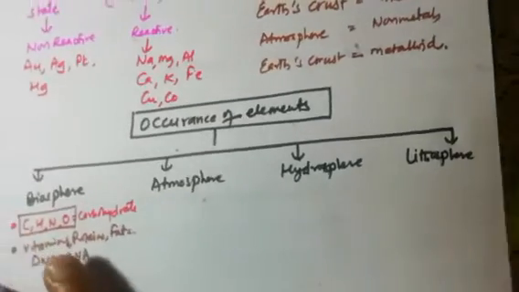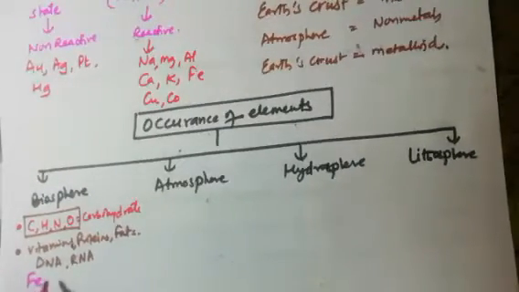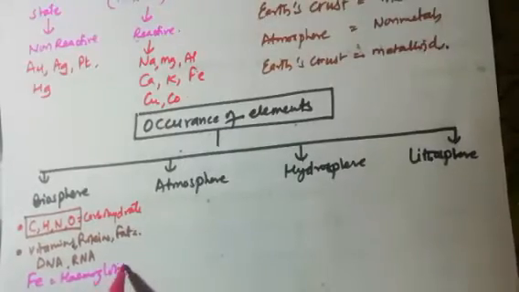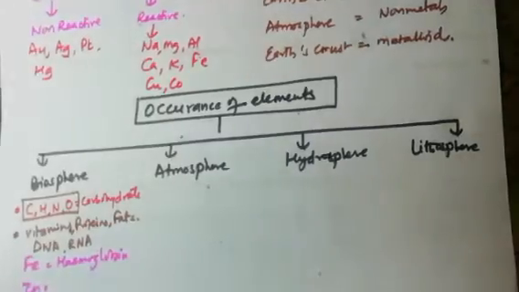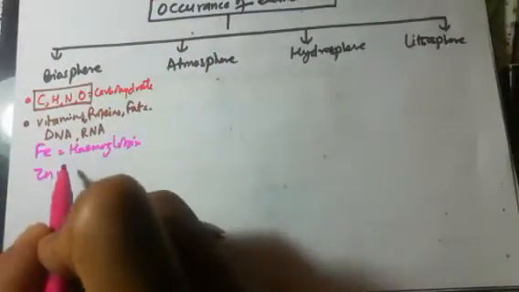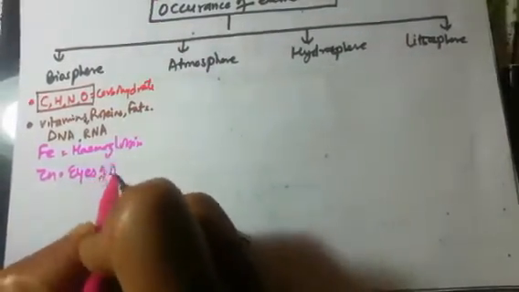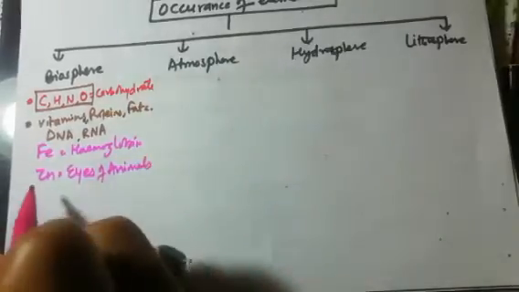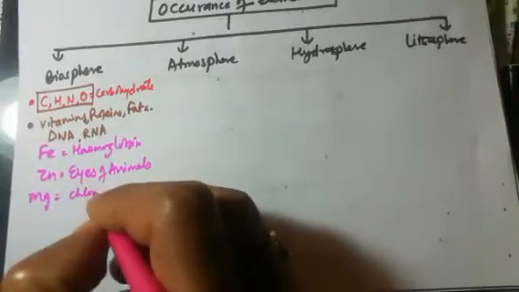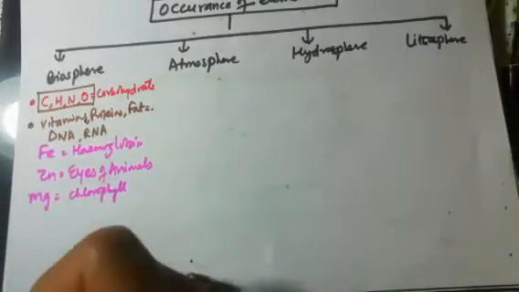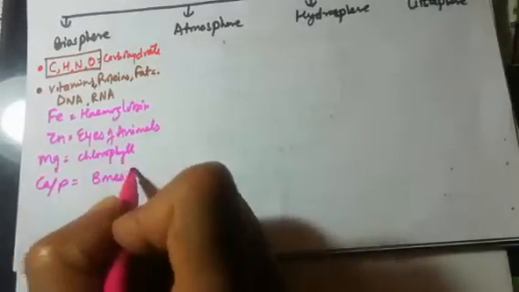Okay, Fe is found in hemoglobin in our body, in blood. Zinc is found in the eyes of animals. In the same way, magnesium is found in chlorophyll, it is the central metal of chlorophyll. Calcium and phosphorus are found in bones and teeth.